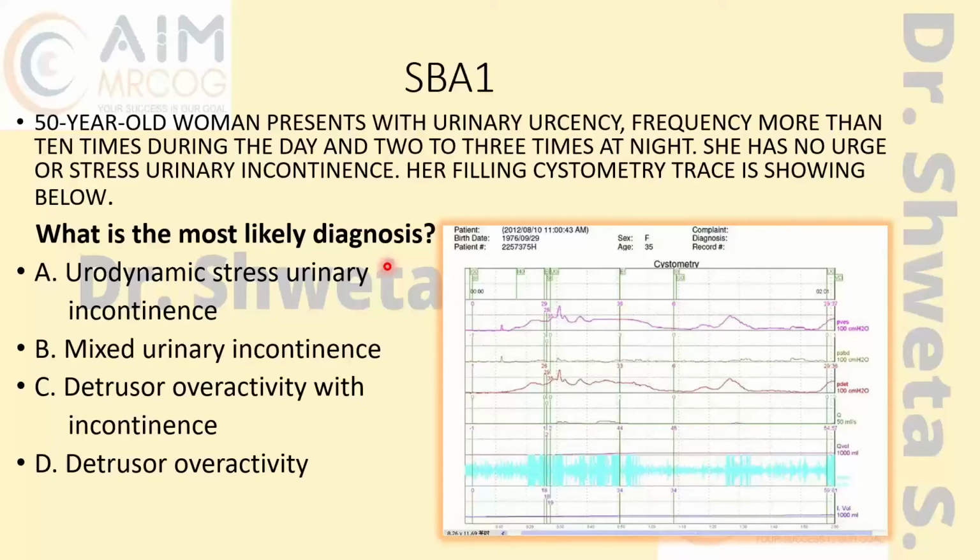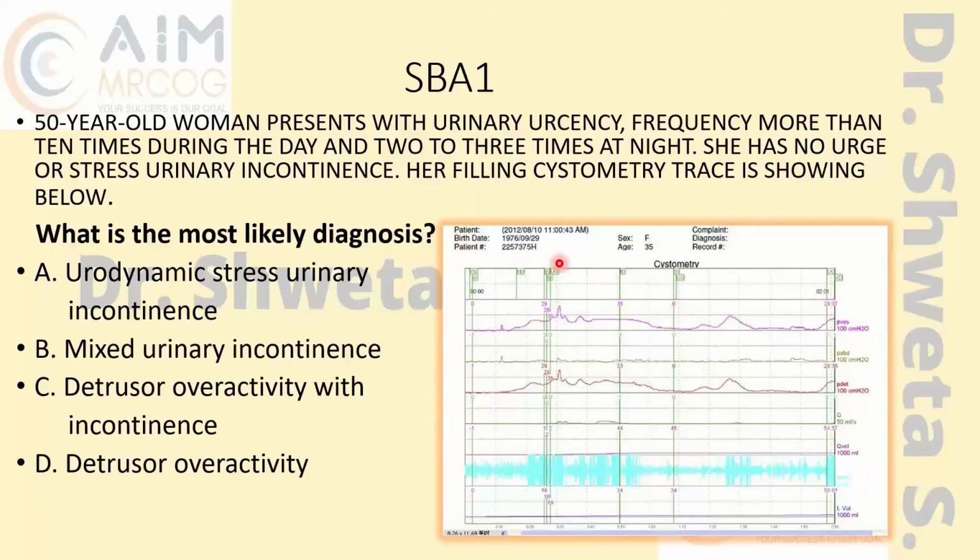There's no difference between the Pves and the detrusor. I'm looking at the detrusor first. Very good. They specifically ask about the filling cystometry, so that's going to be the first half of the diagram.